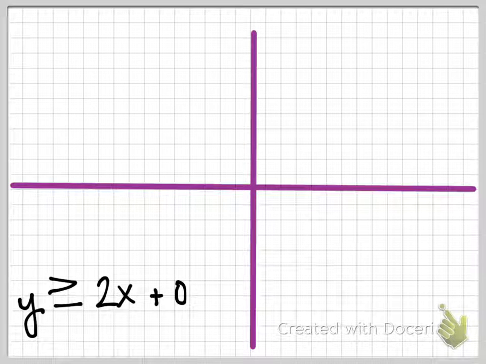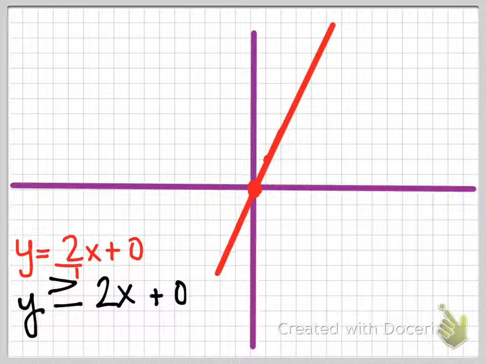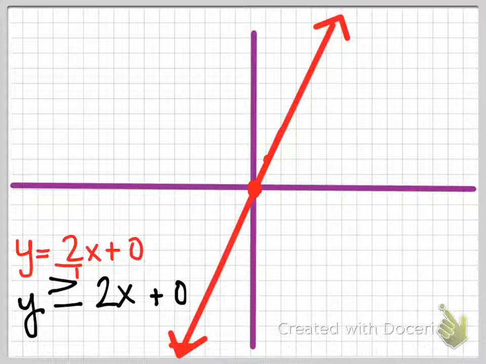So the y-intercept, remember when you're trying to graph one, really what you want to graph is your y equals 2x plus 0 to get your boundary line. Y-intercept is 0. Slope is +2. That's +2 over 1. So it's up 2 over 1. This will give you your boundary for this equation, and it helps you if you go all the way.